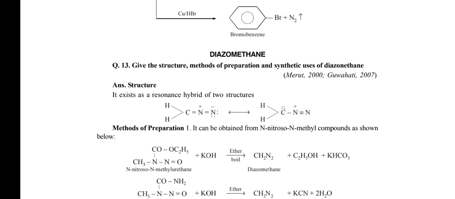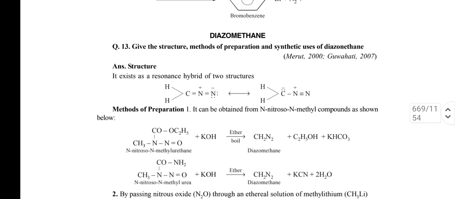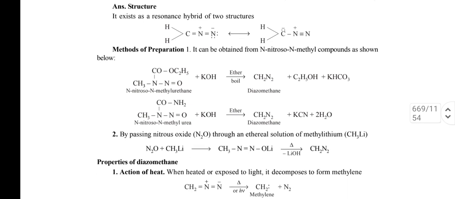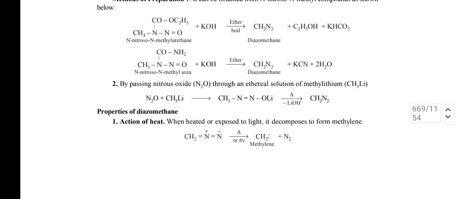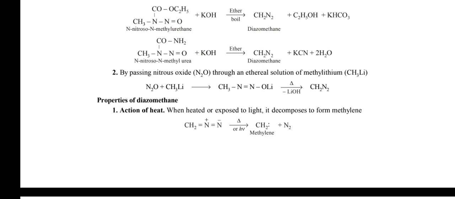Give the structure, method of preparation and synthetic usage of diazomethane. Structure: it exists as a resonance hybrid of two structures given. Method of preparation: it can be obtained from N-nitroso methyl compound as shown below. Second, by passing nitrous oxide N2O through an ethereal solution of methyl lithium CH3Li.